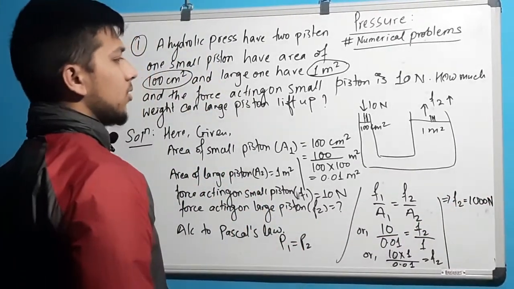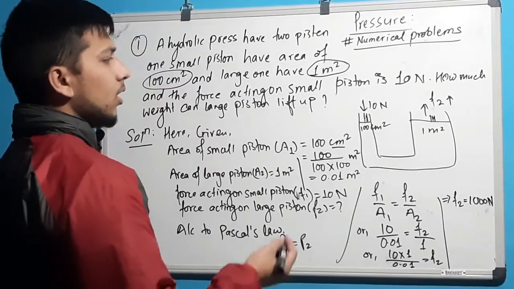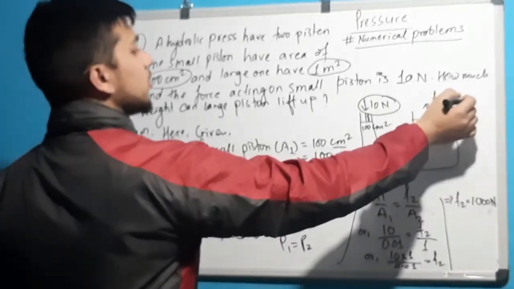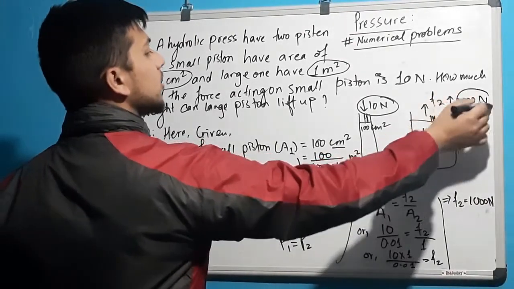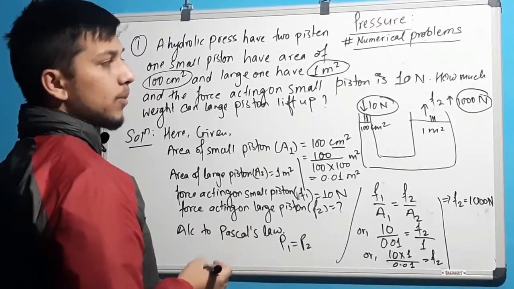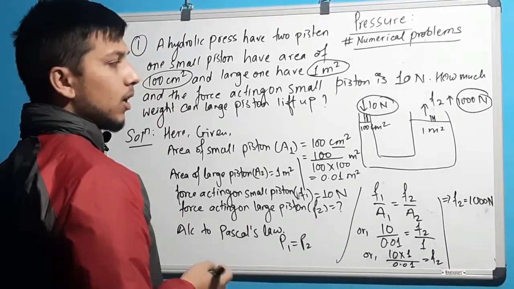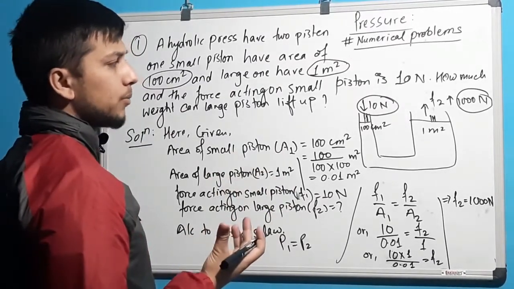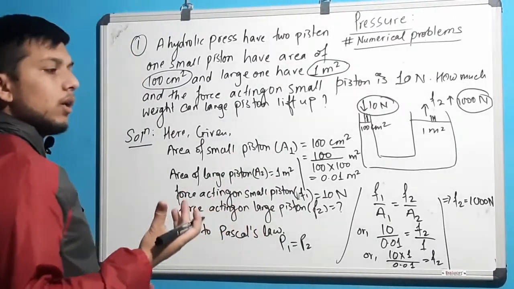F2 equal to 1000 Newton. यहाँ 10 न्यूटन एप्लाई गर्दाखेरि 1000 न्यूटन यसले लिफ्ट अफ गर्न सक्दो रहेछ. You can see, this is 100 times. एरिया बढाइयो भने lift off force को capacity will be increased.